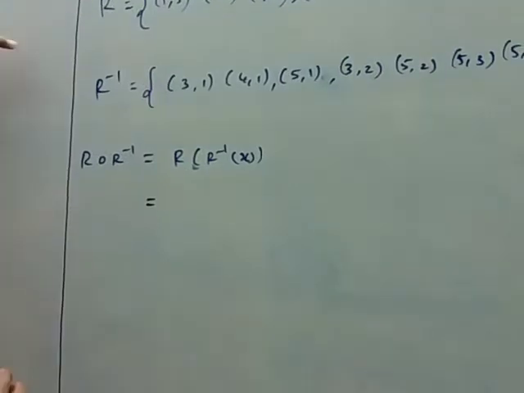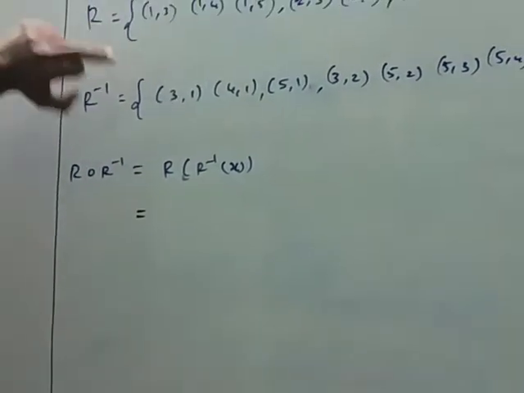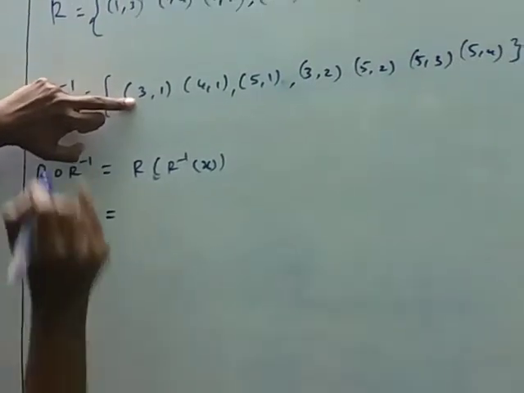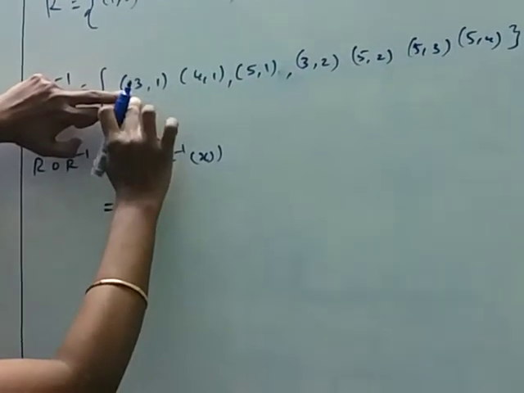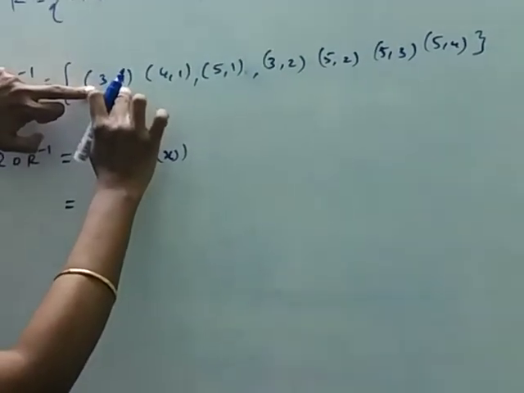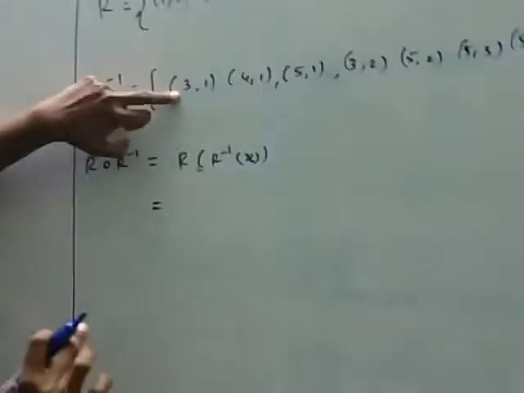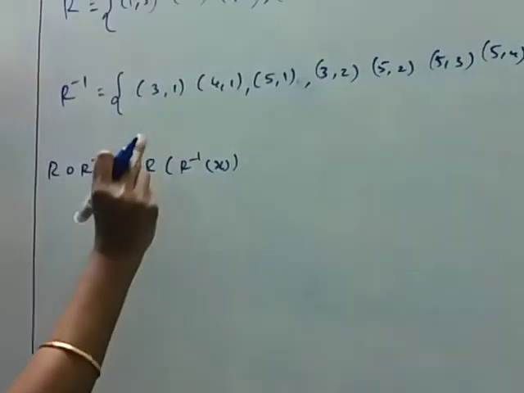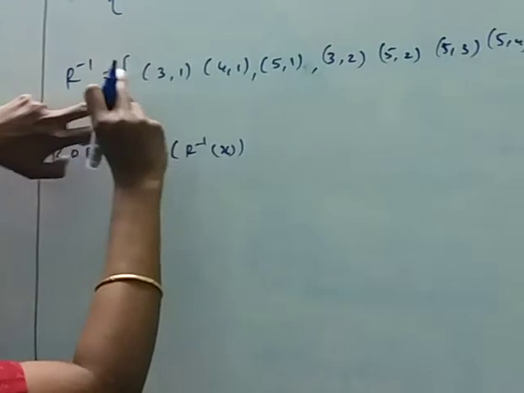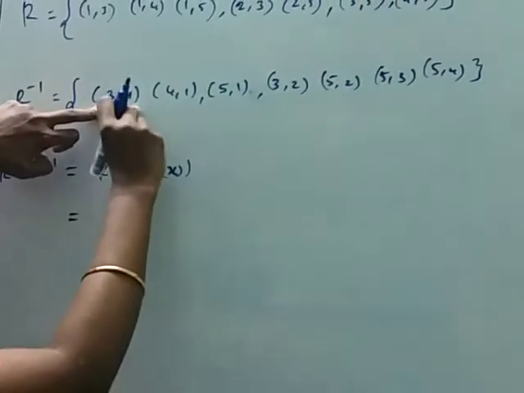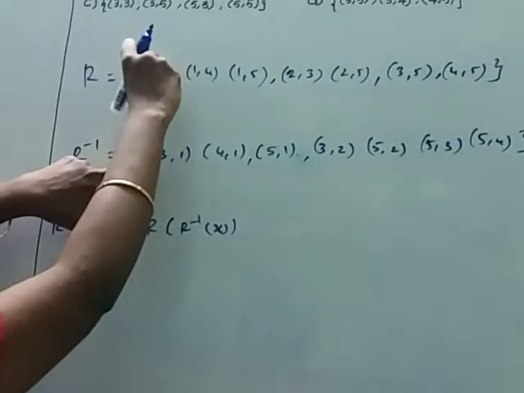Here, first you have the element 3. What is the image of 3? Under R inverse, the image of 3 is 1. Then you have to see the image of 1 in R, which is 3.